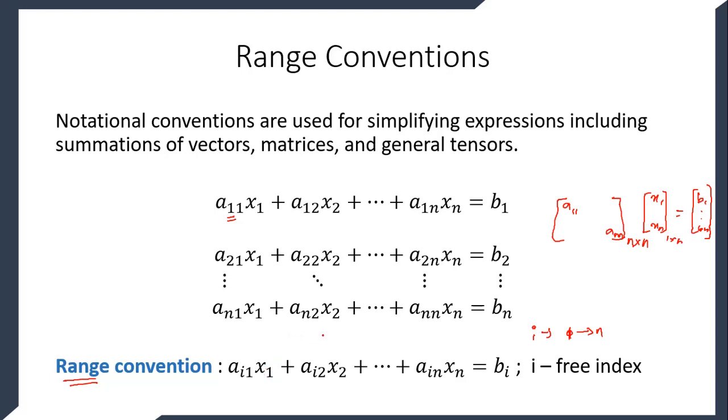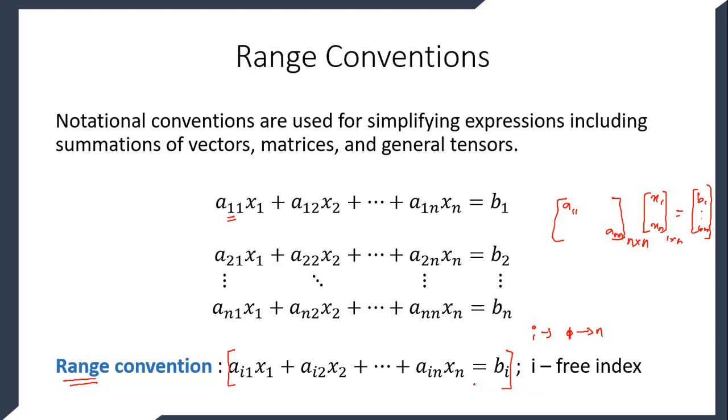Therefore, instead of writing n equations, we can write just one equation and say i is ranging from 1 to n, where i is a free index. When one equation in tensor analysis is written like this, it is implied that we have n similar equations, where n denotes the dimensionality of that space.